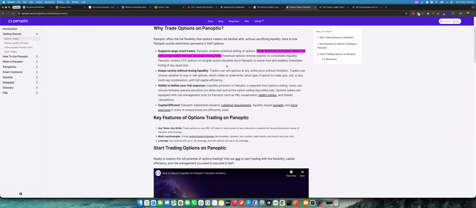Perpetual options. When there are no buyers, sellers are still compensated through Uniswap trading fees. So I think what they're saying is that when you're selling an option, and if there is no buyer for that particular order, you'll still be compensated because of other trading that is happening.